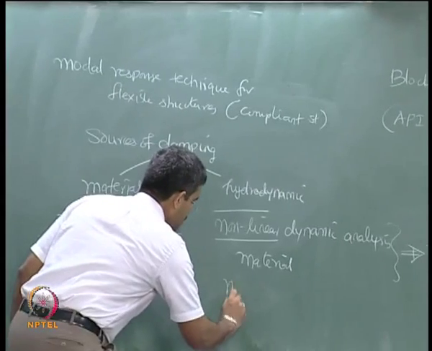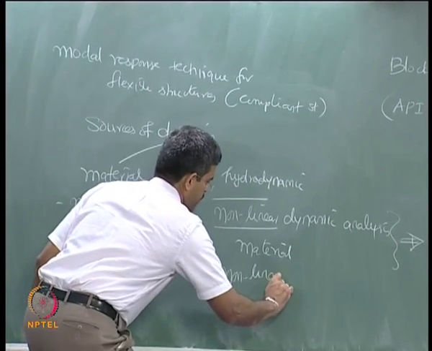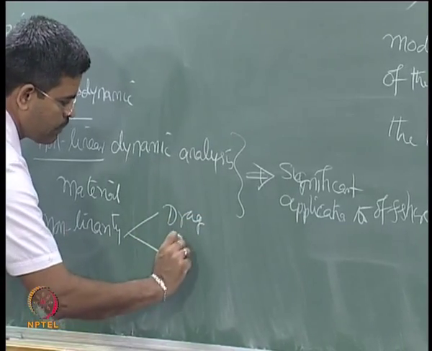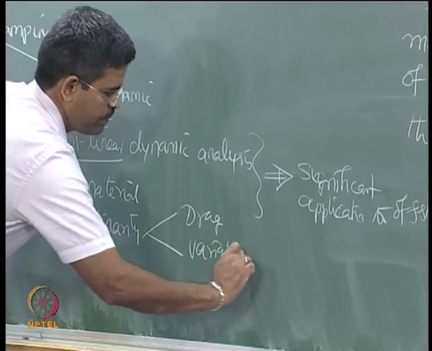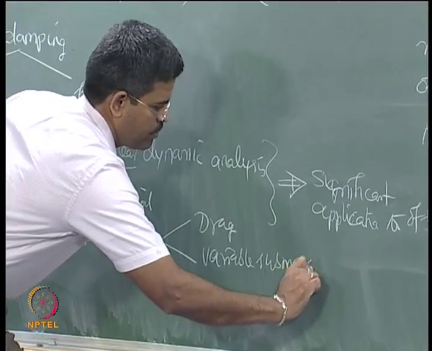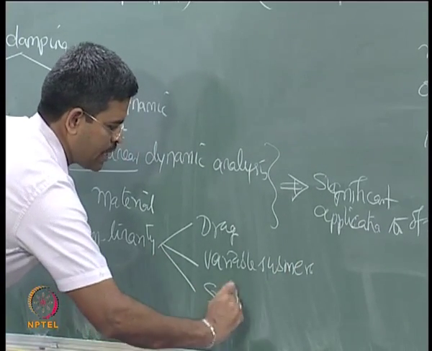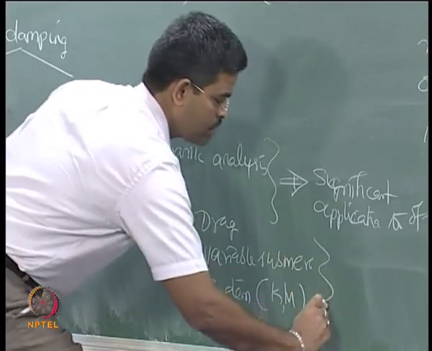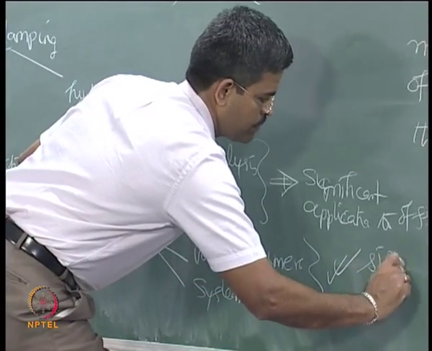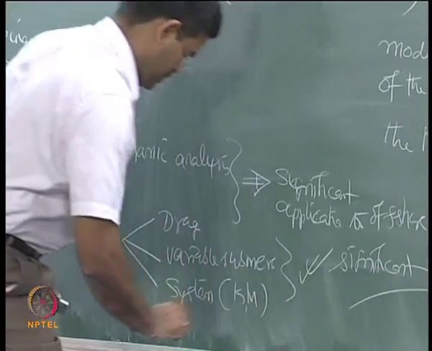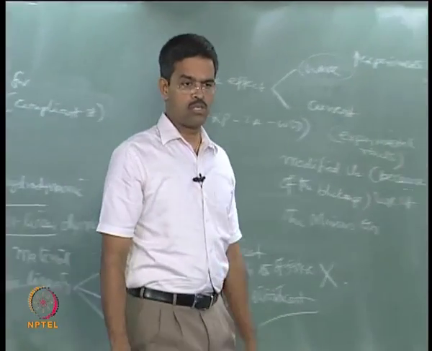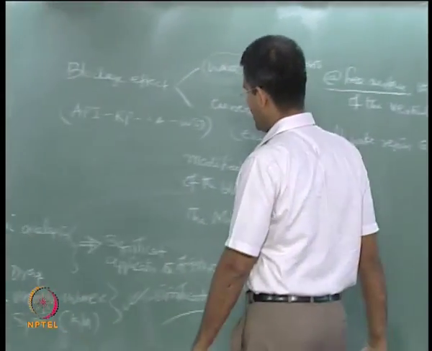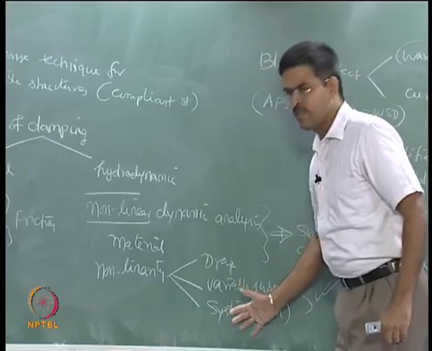If the non-linearity comes from the forcing function, for example from the drag, for example from a variable submergence, for example from the system non-linearity, that is because of the stiffness and mass, then this is significant. People do not talk about the non-linearity in terms of material here, they talk about it essentially in terms of the loading component or the system geometry itself.